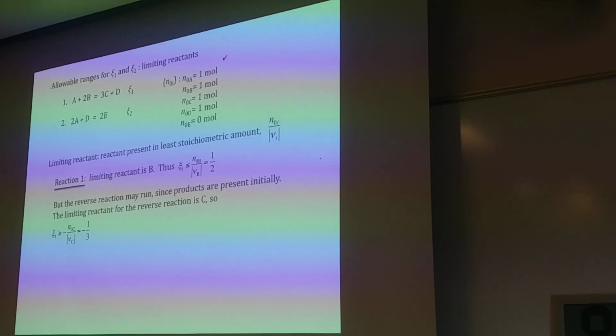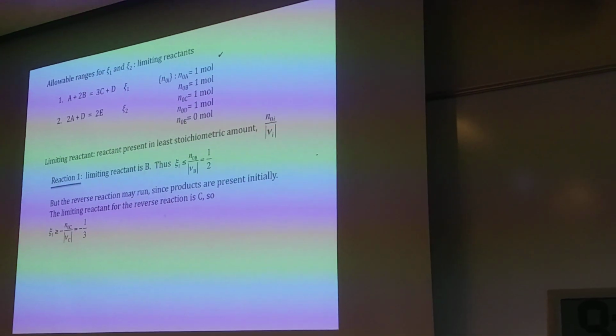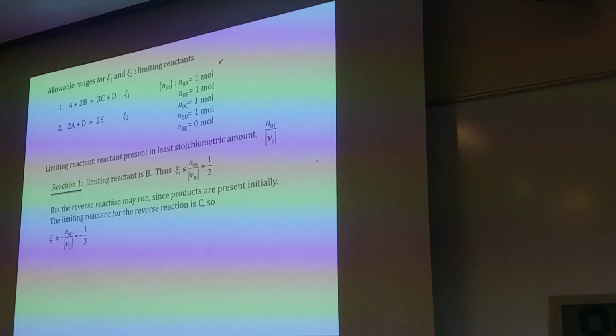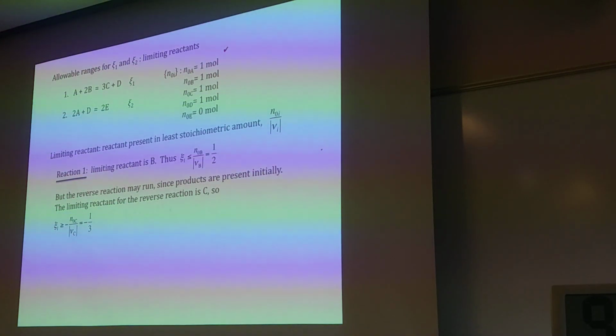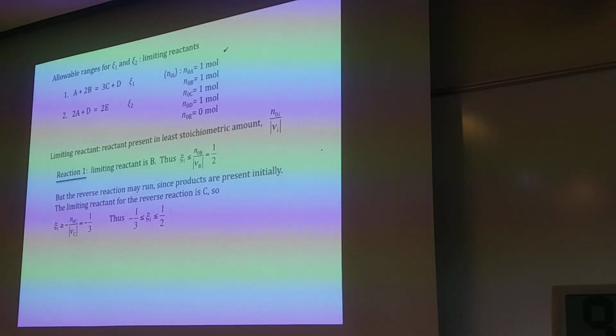The limiting reactant for the reverse reaction would be C, and I would have a maximum possible value of that of 1/3. Everyone see that? And that would tell me that the minimum value here of Xi1 is -1/3. So what I'm looking at is the allowable range for Xi1 to be -1/3 to plus 1/2.